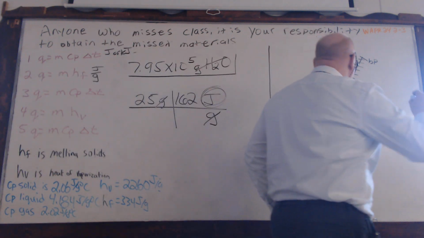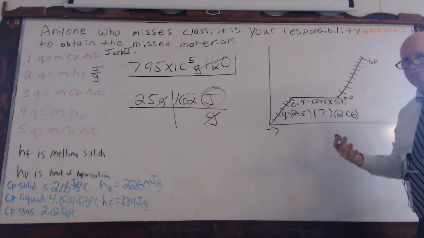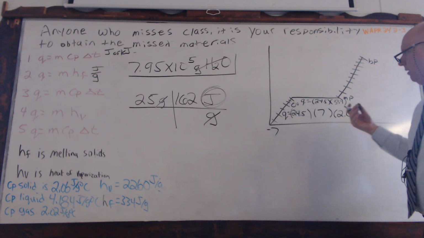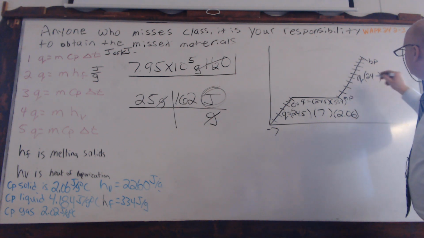So then, okay, the mass has not changed because you can't really change the mass. I mean, eventually, if you boil enough of that off, it'll change. But now you still have 24 and a half. Okay.